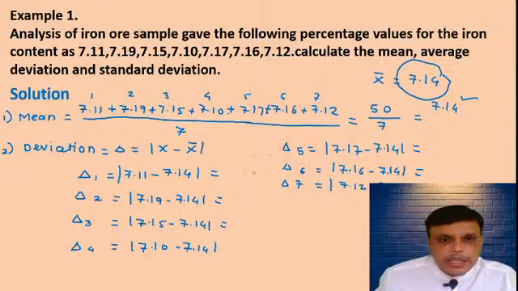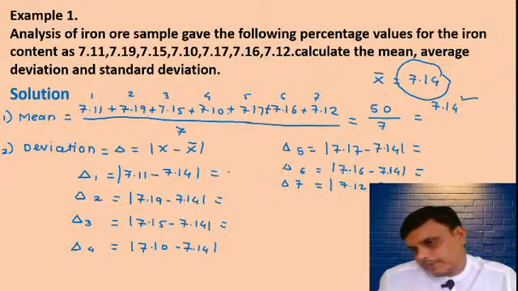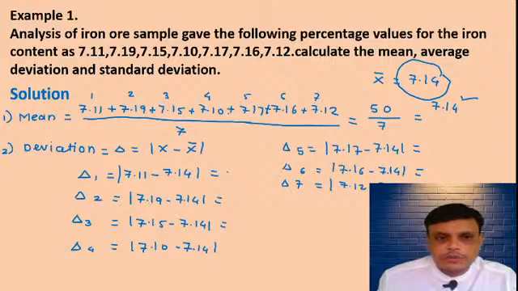Okay, tell me the value of del 1. What was the value of del 1? 7.11 minus 7.14. Ankita, you are wrong. Shivani, you are also wrong. Tell me the value.